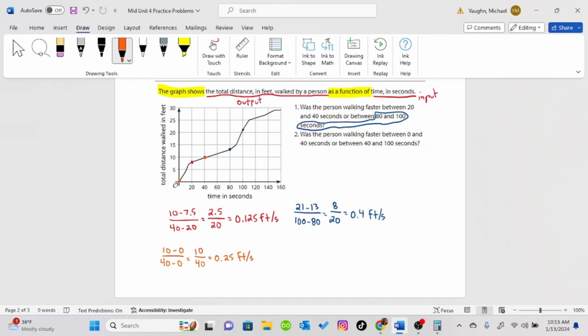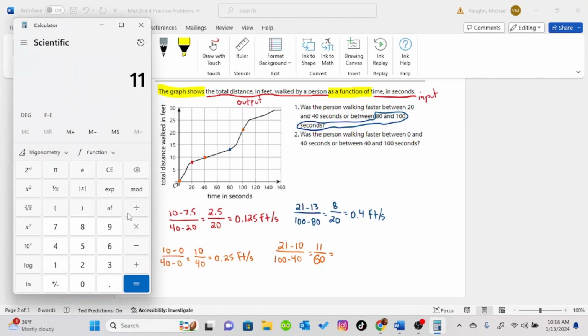Or were they walking faster between 40 and 100? This appears to be 21 feet and 10 feet. And we said it was 100 seconds and 40 seconds. 21 minus 10 is 11. 100 minus 40 is 60.